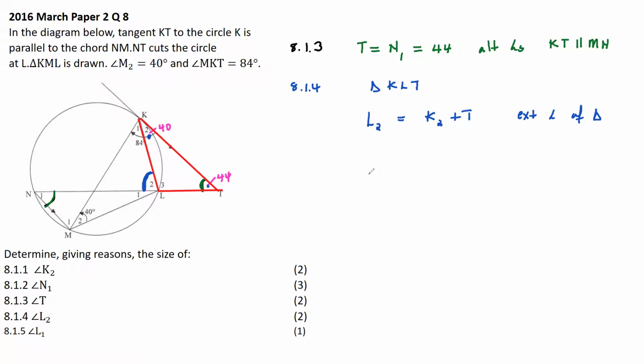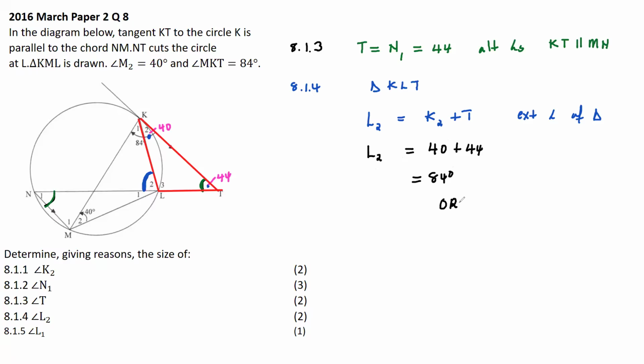So the theorem says the exterior angle of a triangle, L2, is equal to the sum of the two interior angles: 40 plus 44 is 84. That's L2. But there's another way of doing it.